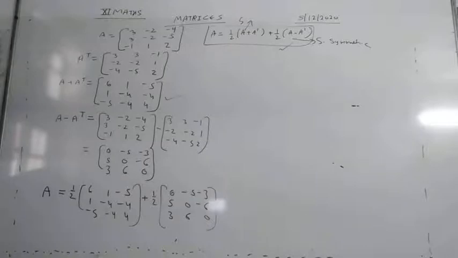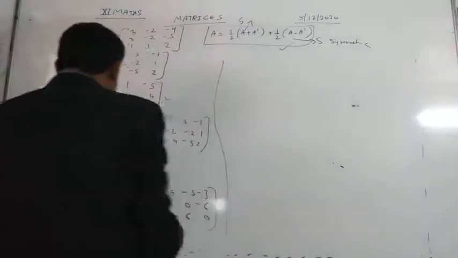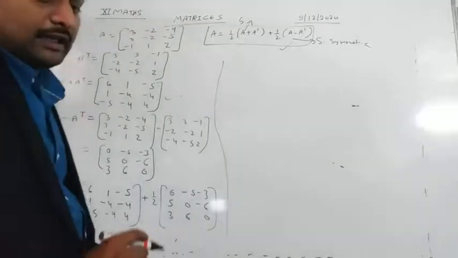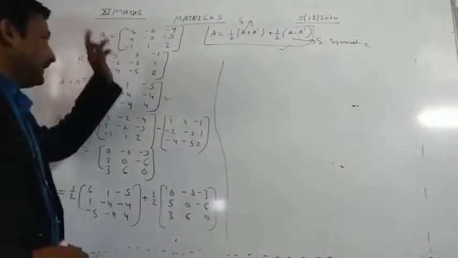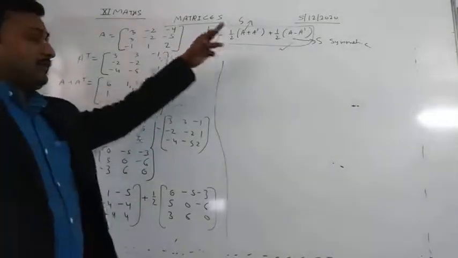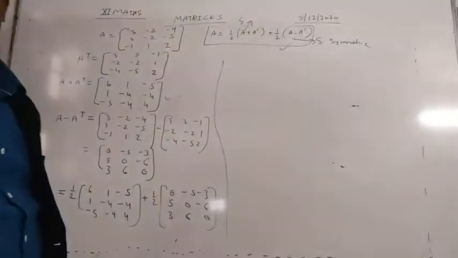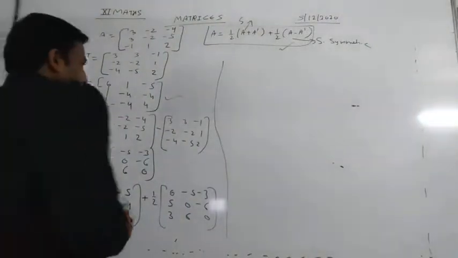Now we will multiply inside and add these two, and we are getting our A. If we multiply this and add these two and get our matrix A, it proves that A can be expressed as the sum of symmetric and skew symmetric matrices.